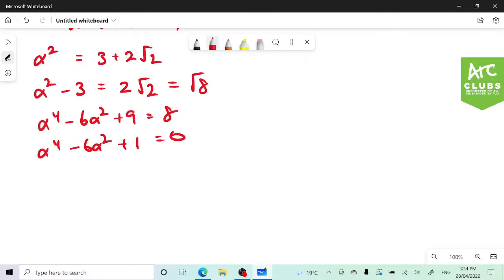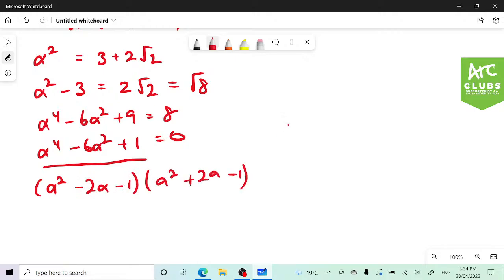You might think that this is irreducible, but you can actually reduce this even further. It turns out that this can be factored into the following: alpha squared plus 2 alpha minus 1 times alpha squared minus 2 alpha minus 1.